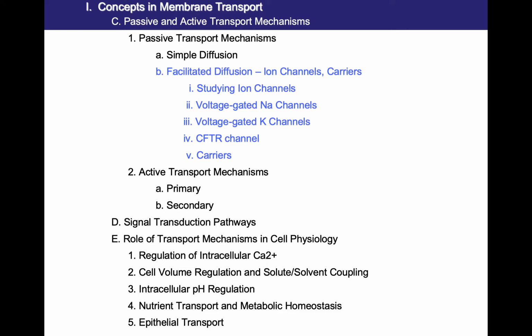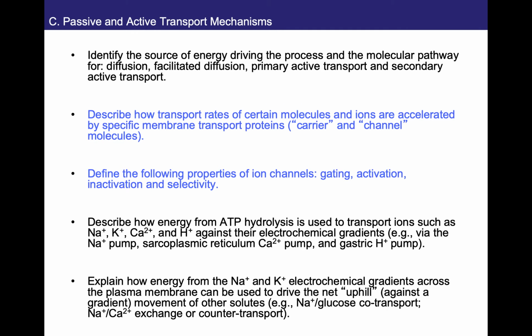But it is the channel that, when it's not inserted into the membrane, is responsible for the disease cystic fibrosis. Okay, that's our next problem set, actually. We'll be talking about cystic fibrosis. And then carriers. And again, if you want to take a look at those learning objectives, now we're on those second ones. Okay, so facilitated transport.